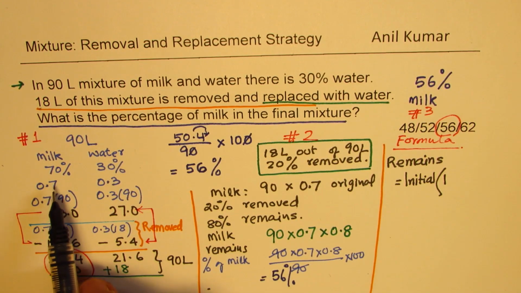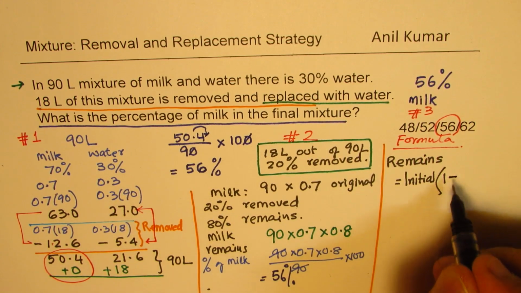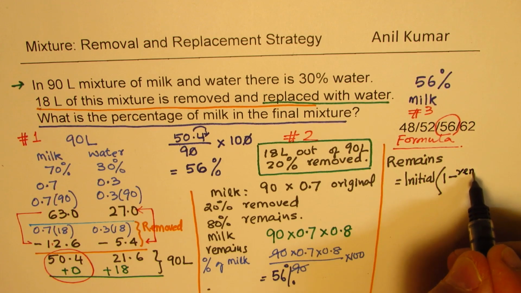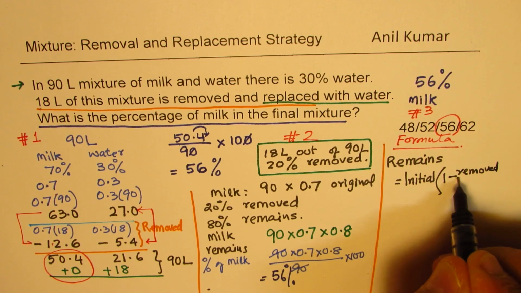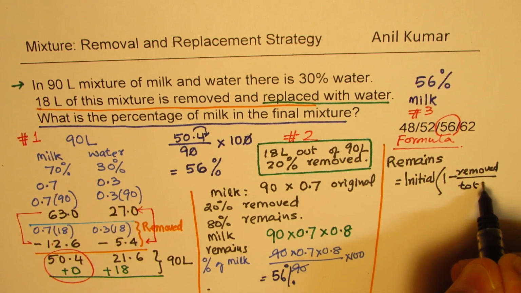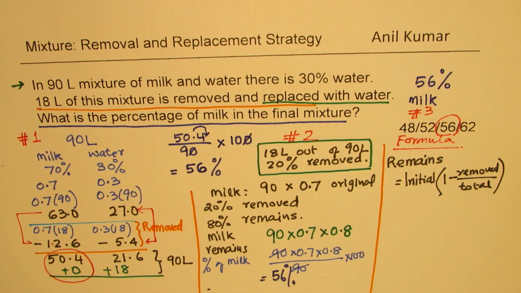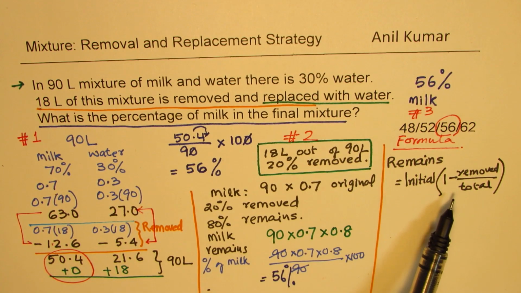Do you understand what remains, right? 1 minus what is removed from the total. So that is what remains. Do you see that? And that is what we did actually. If you look into this, the calculations shown earlier are exactly this.